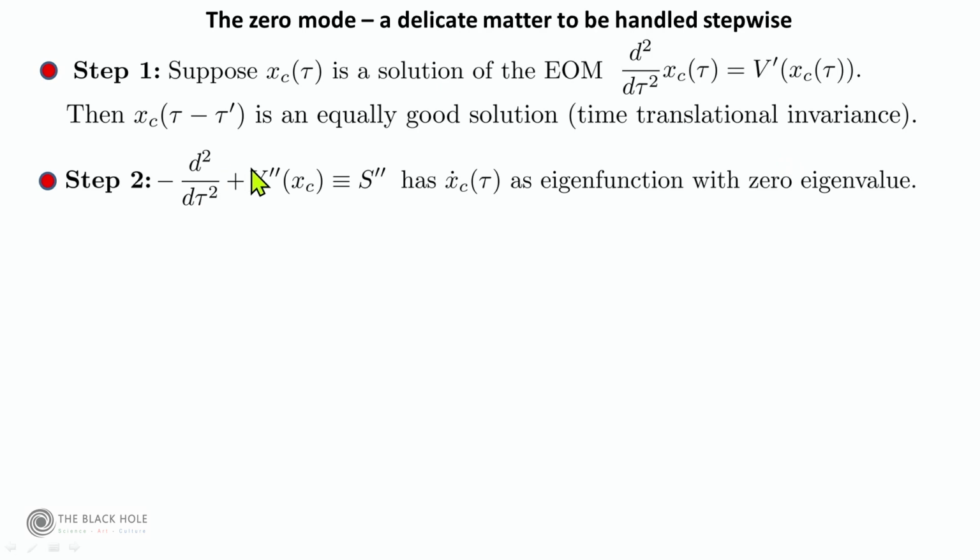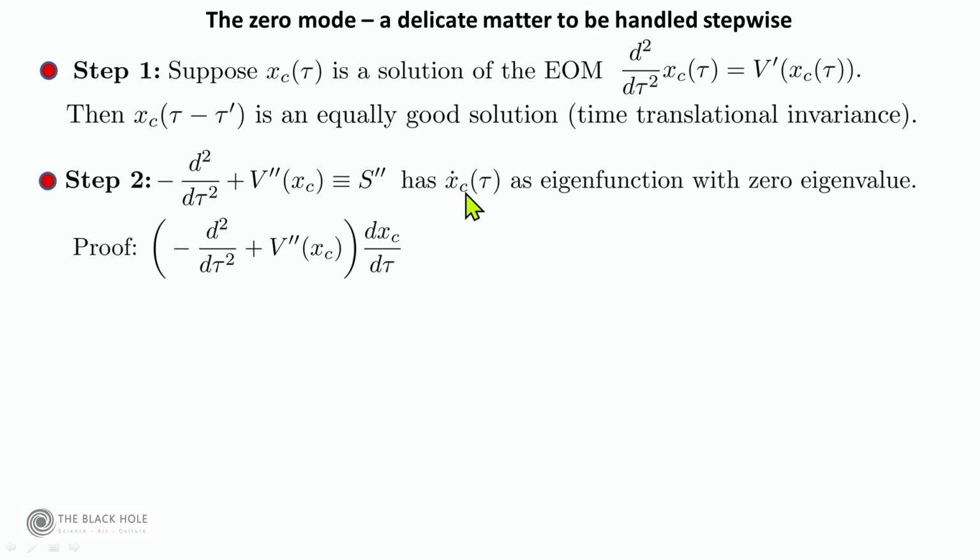Now, this operator, I claim, has an eigenfunction with 0 eigenvalue, and I claim that that eigenfunction is this, which means that if I operate this thing on xc dot, then I should get 0. So 0 times itself is 0.